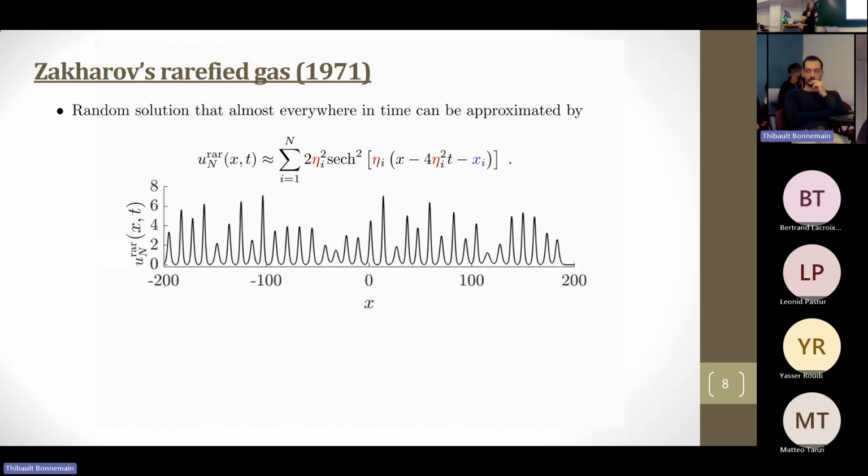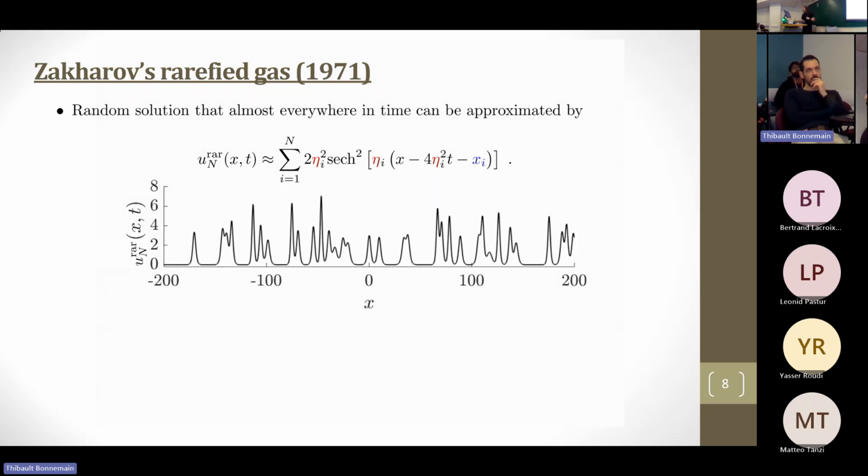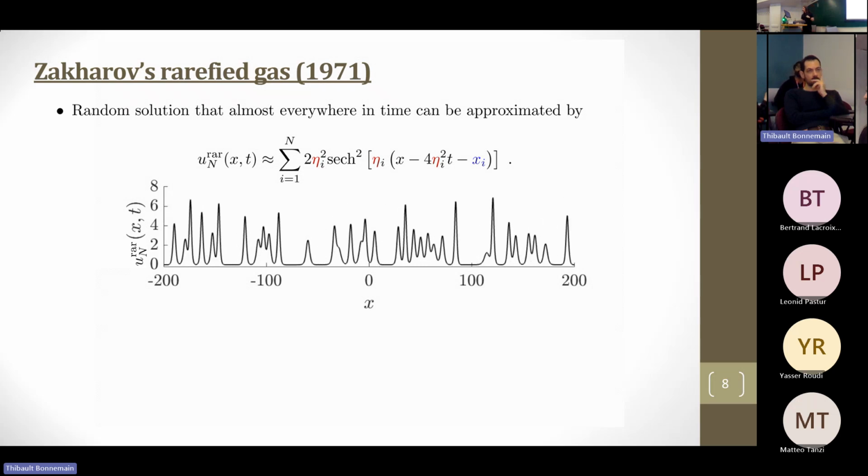Okay. So here's an example of a gas that is not quite rarefied. There are a bit too many solitons here, but it's nicer to look at something like that rather than a very rarefied gas. At least you can see things happening.